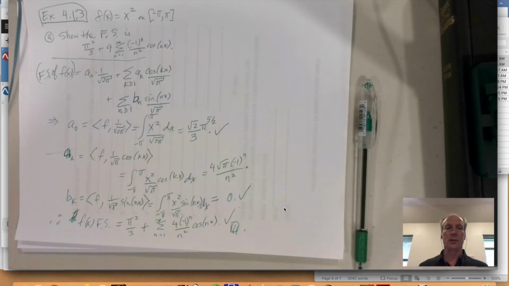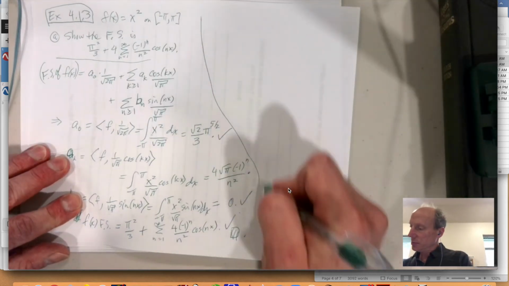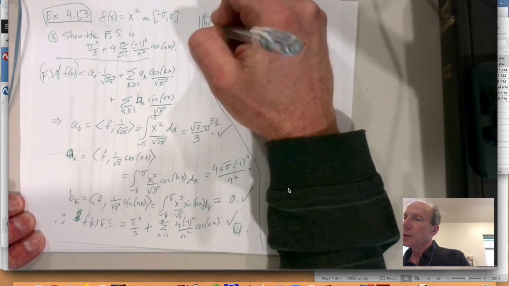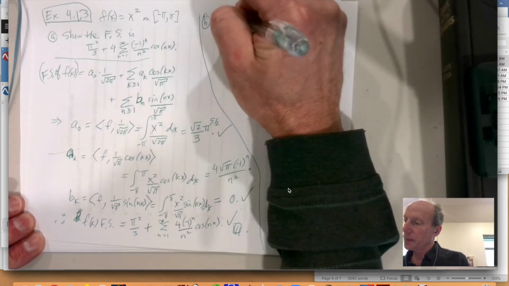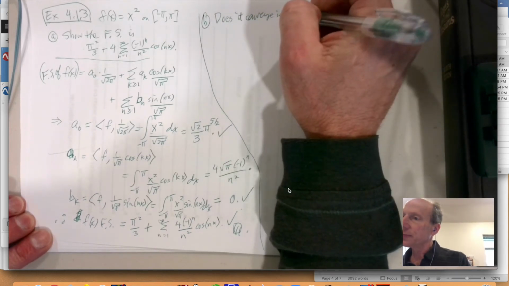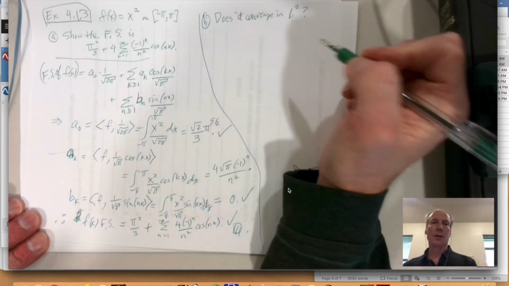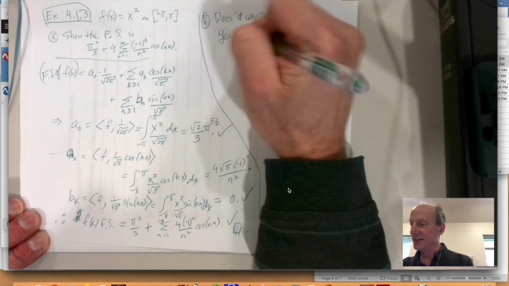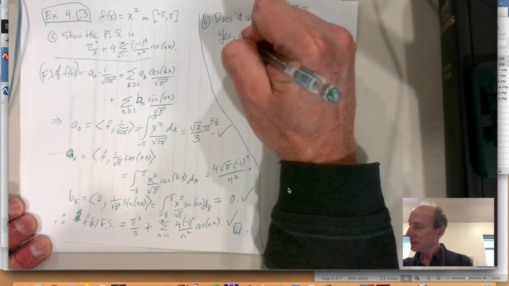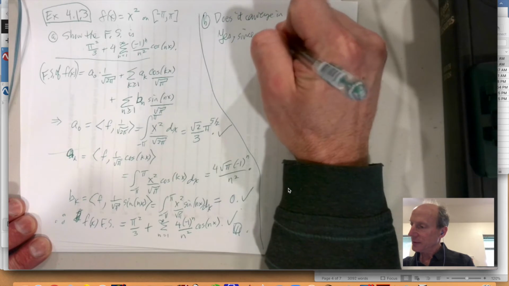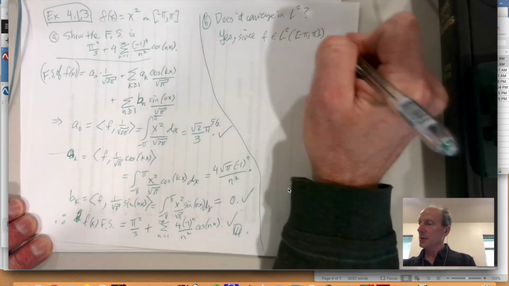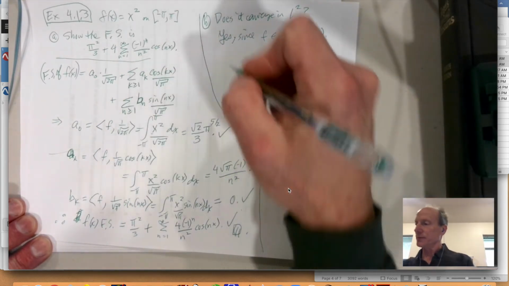So back to this. All right, so let's see, what is question B? So question B is, does it converge in L2? And the answer is yes. Fourier series always converges to an L2 function, since that's the Riesz-Fischer theorem.